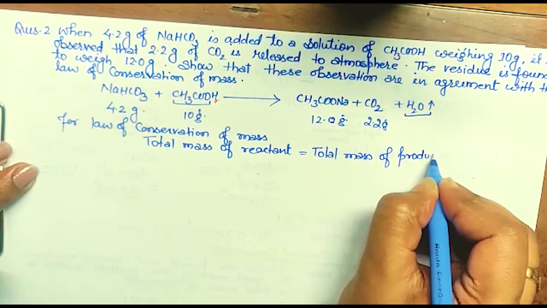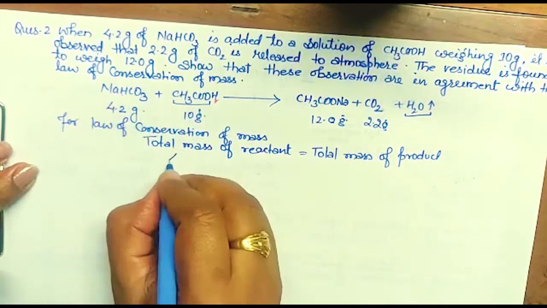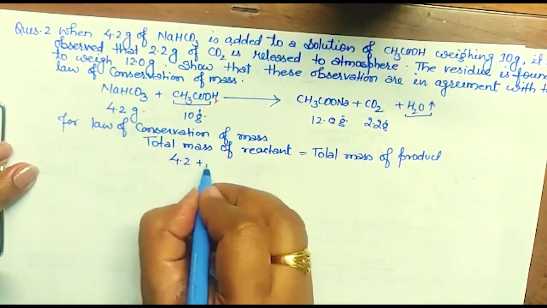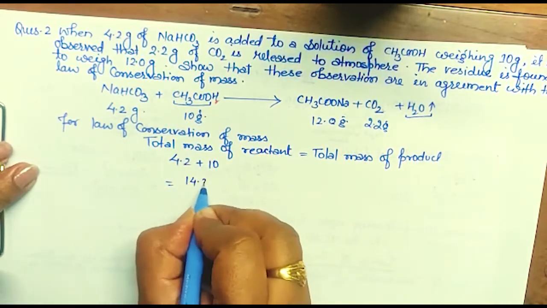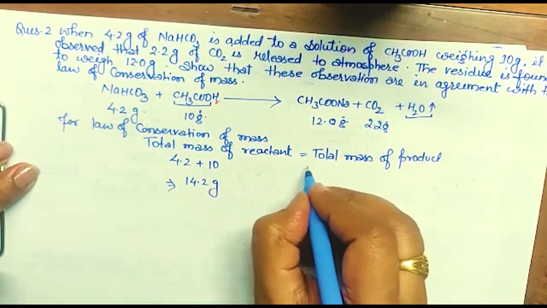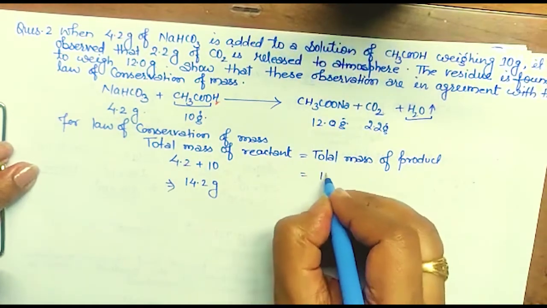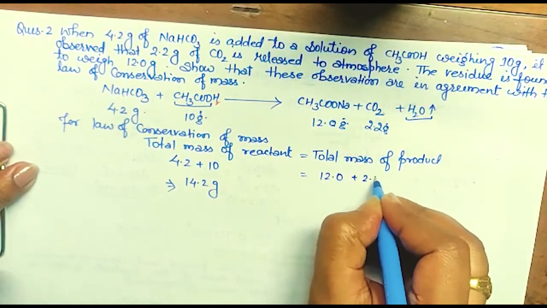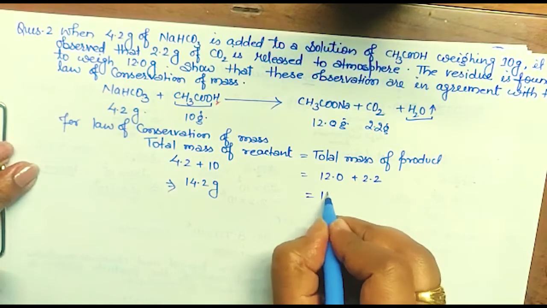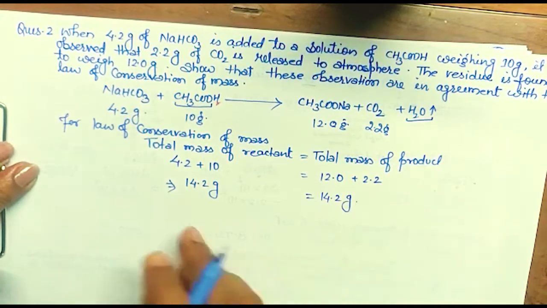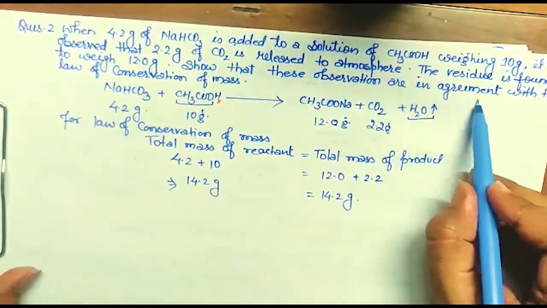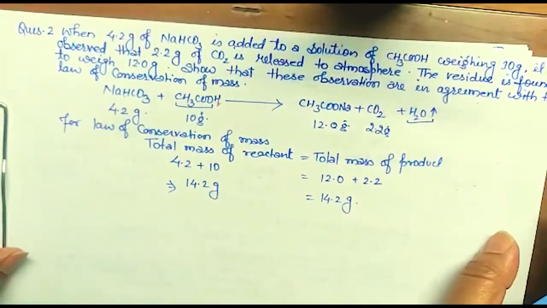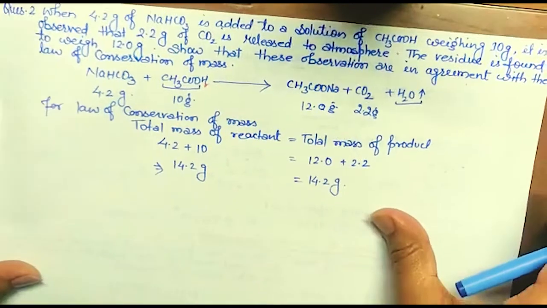So what is the total mass of the reactant here? 4.2 gram plus 10 gram, isn't it? That will be 14.2, isn't it? And here total mass of product 12 gram plus 2.2 gram. So total is again 14.2 gram. So by this way we can say that these observations are in agreement with the law of conservation of mass. Is it clear? Okay.